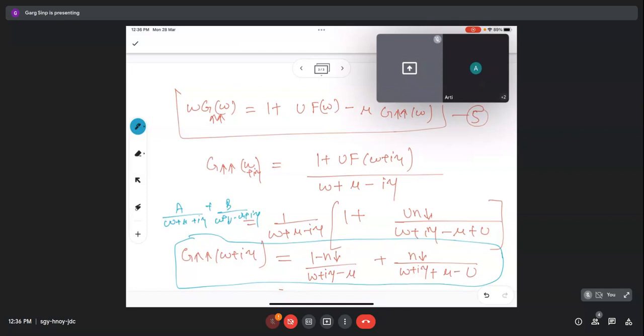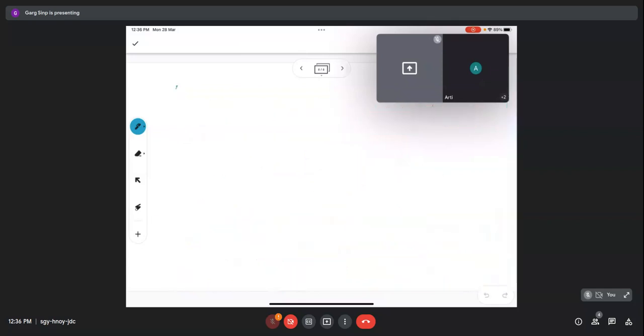So now what does this equation of motion tell you? What are the two poles in this Green's function? So let me just write it here so that I can explain it to you again.